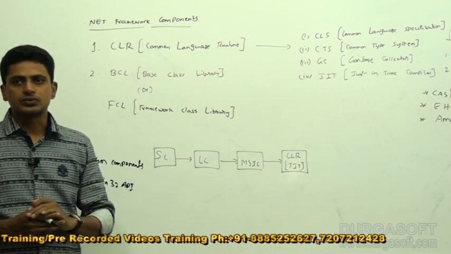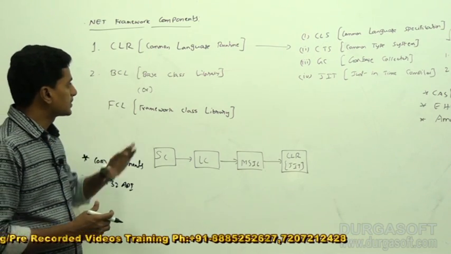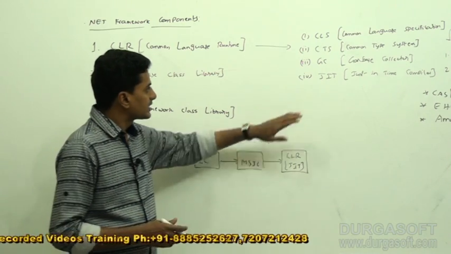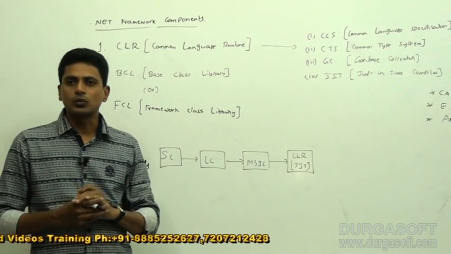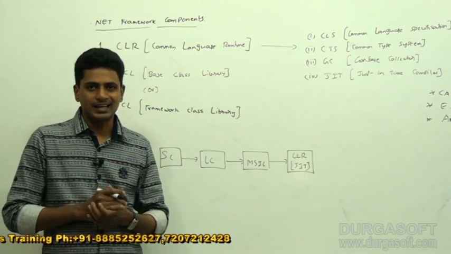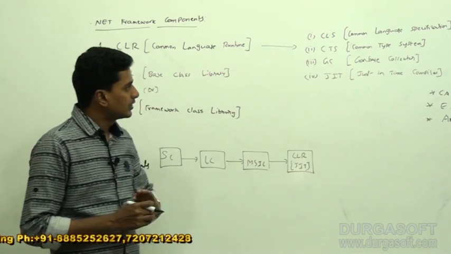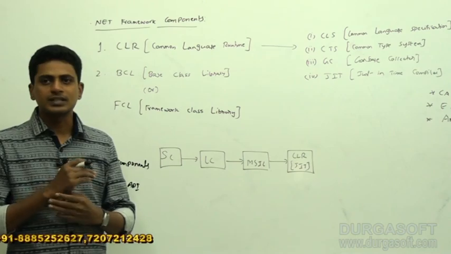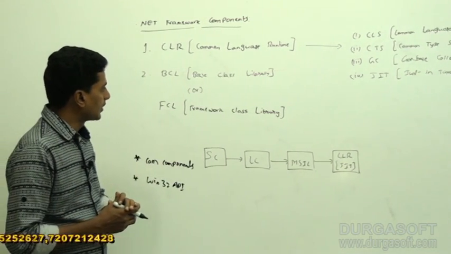The programmer chooses any programming language to write the program, then CLR is responsible to support the runtime environment. So CLS is responsible to convert all other programming languages' syntactical rules and regulations into CLR understandable format. In this way it will provide the runtime environment.